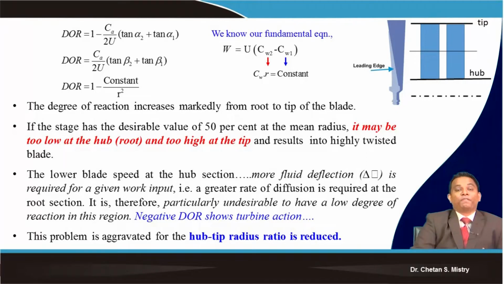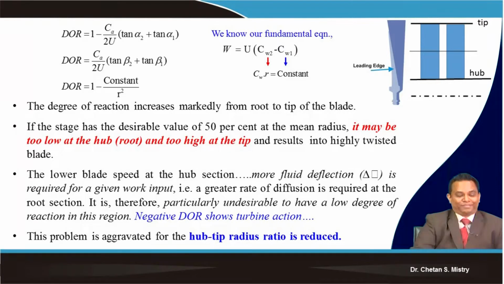Now if we try to understand the meaning of this equation, the degree of reaction varies with radius. It will increase progressively from root to tip. Root is nothing but the hub, and tip is the casing. So you will have a great variation of degree of reaction all the way from hub to shroud.